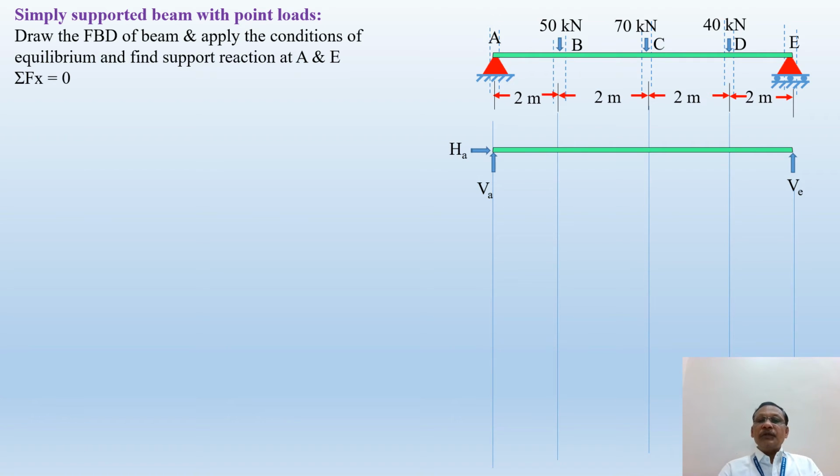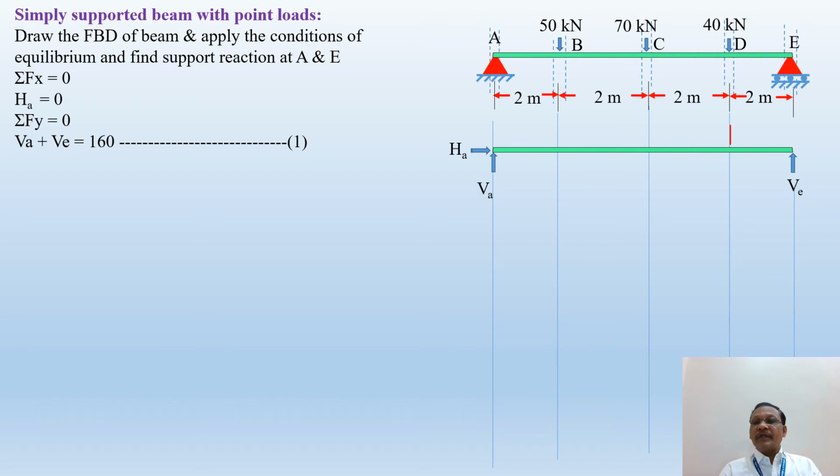Then you show the loads as they act on the beam and apply sigma Fx equal to 0. On this beam only one reaction acts towards right, that is HA. To balance this HA there are no other forces acting in the horizontal direction, so indirectly HA becomes 0. The second condition of equilibrium, sigma Fy equal to 0. Three forces are acting vertically downward, that is 50, 70 and 40, and two forces are acting vertically upward.